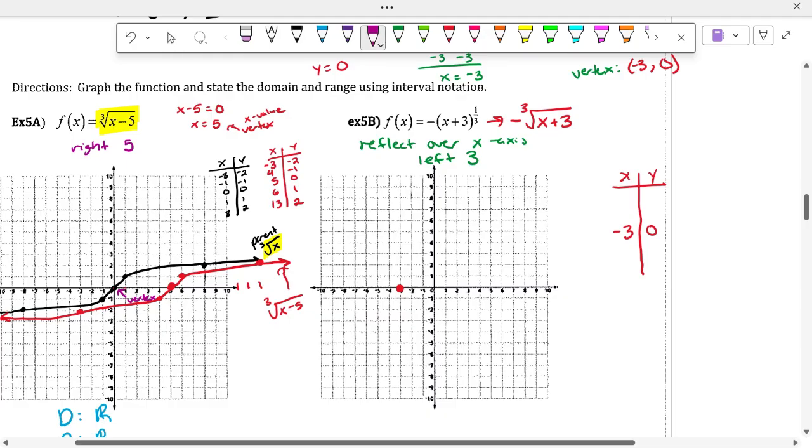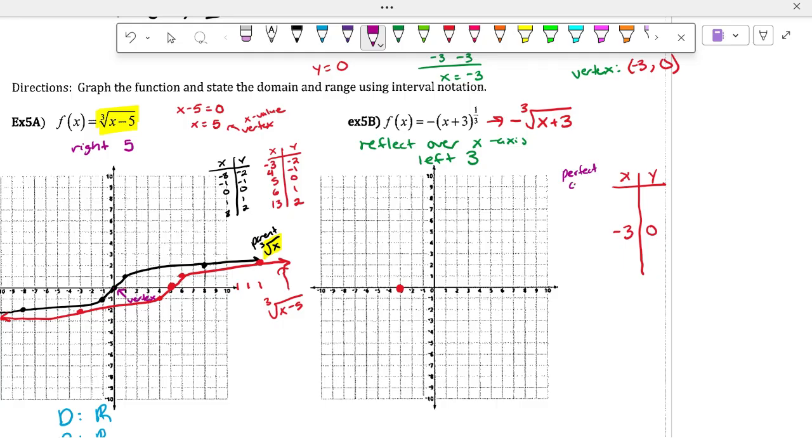So now I'm going to look at my perfect cubes. All right, so this gives me the perfect cube is 0. What would give me a perfect cube of 1? So what x value would give me a perfect cube of 1 under the radical?